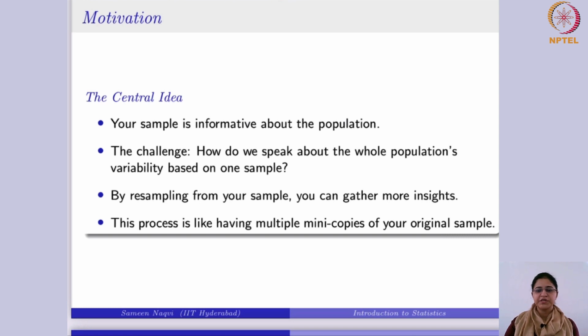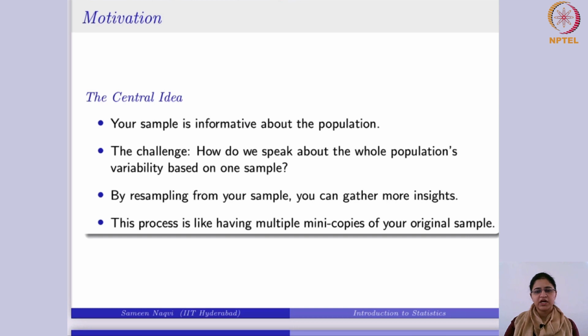So this is like repeating it. You have multiple copies of your original sample only. And by examining the variability across these mini copies, you can infer the variability of our statistic that we have obtained if you would have obtained multiple samples from the population, right? So it would work in the same way as if you would have obtained multiple samples from the population.